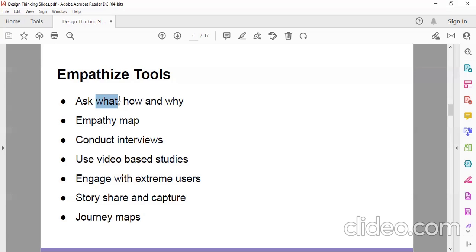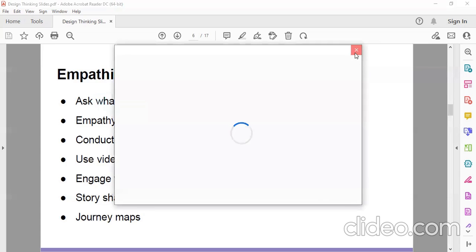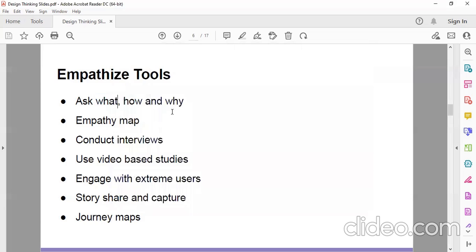So the how part is about what the user is doing. We are trying to understand whether he's behaving in a positive way or a negative way, and the effort that person is taking.